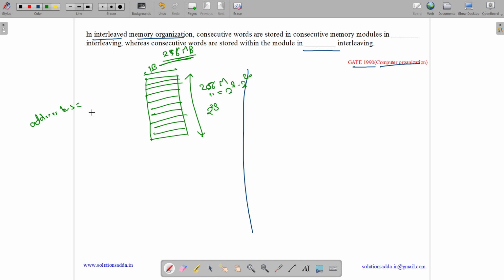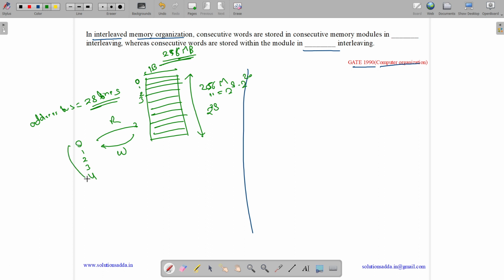So we need 28 address lines for address bus. This is a normal concept, but here the disadvantage is that when we have consecutive read and write operations, suppose we are reading from address 0, address 1, address 2, address 3, as we have locality of reference, so we will have consecutive reads and writes.